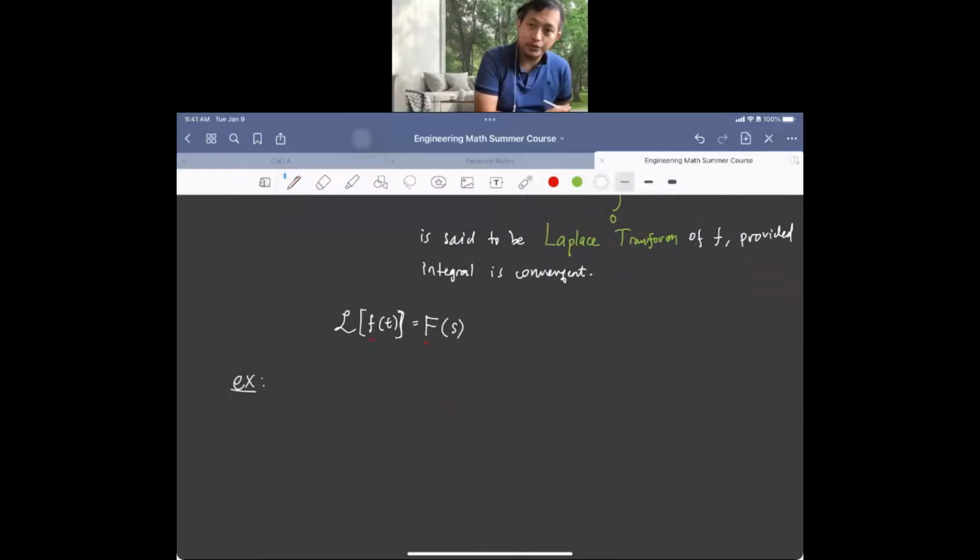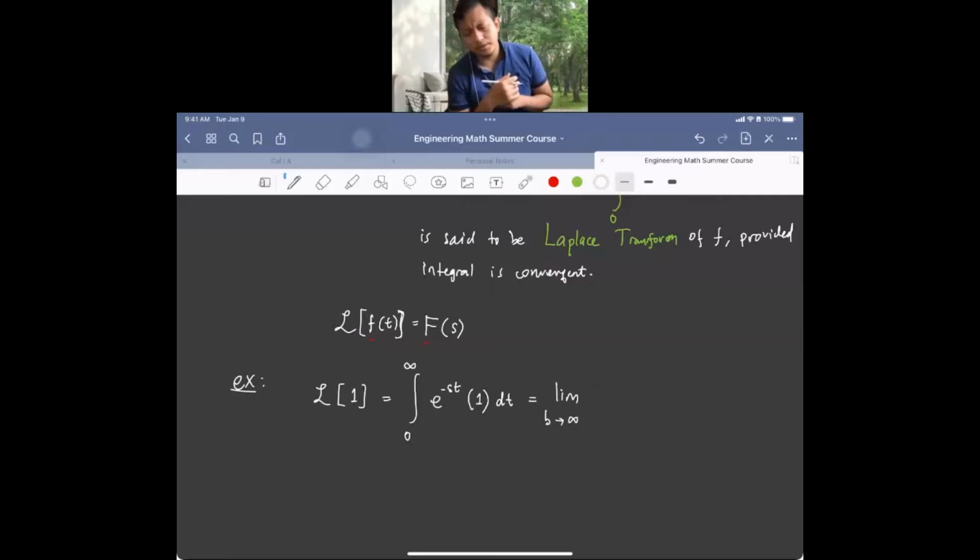Let's go for some examples using this Laplace transform definition. For example, if you want to Laplace transform a constant 1, the function is just a constant. Then we can take the integral from 0 to infinity of e to the negative st. Let me write 1 here to make sure you understand, and then take the limit.